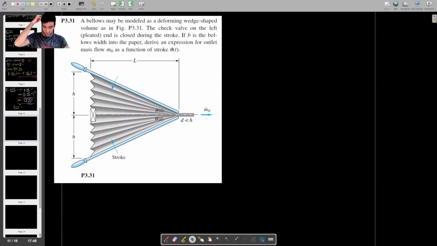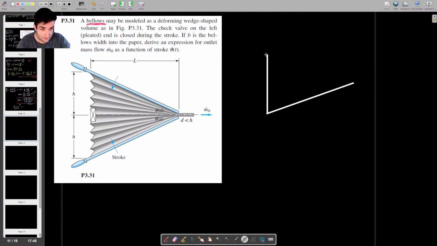So anyway, let's try to read the question, and as usual, let's try to understand what everything is about. So this is called a bellows. Before reading this question, I actually didn't know what this thing is even called. So a bellows may be modeled as a deforming wedge-shaped volume. Okay, so this is the 2D section of it.